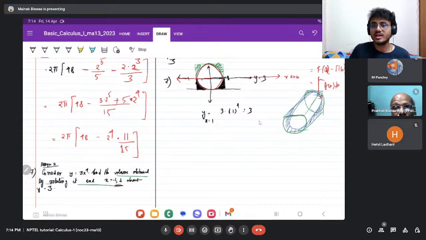If I make this the x-axis, this is minus 1, this is 1, right? So what would this equation turn out to be? If I relabel y equal to 3 as x-axis, and I want to write only the equation of the top parabola. What will it be? If you have understood, tell me what will it be?